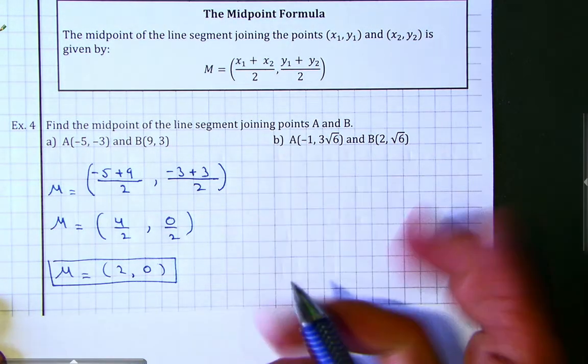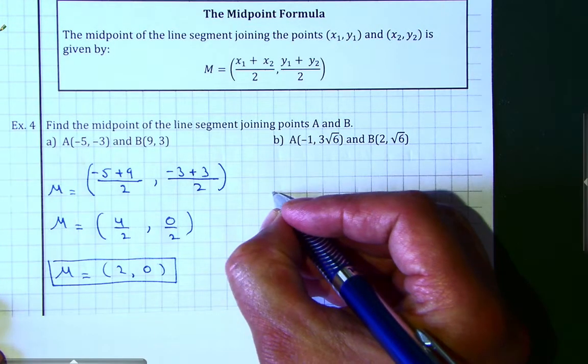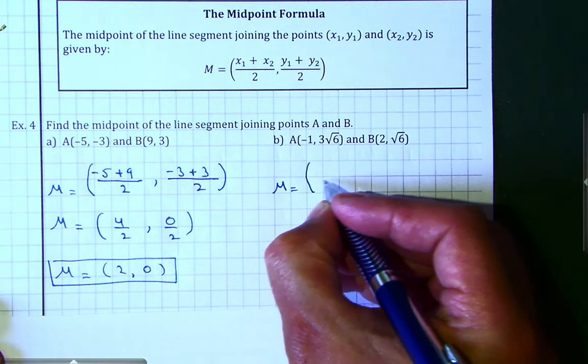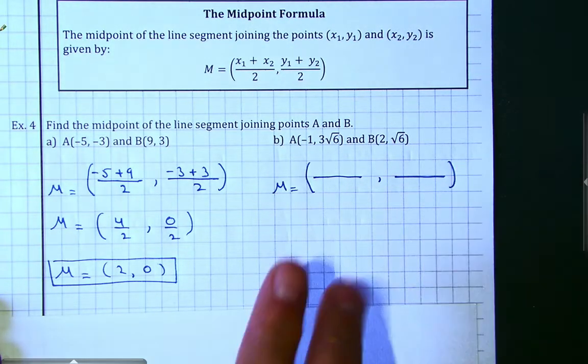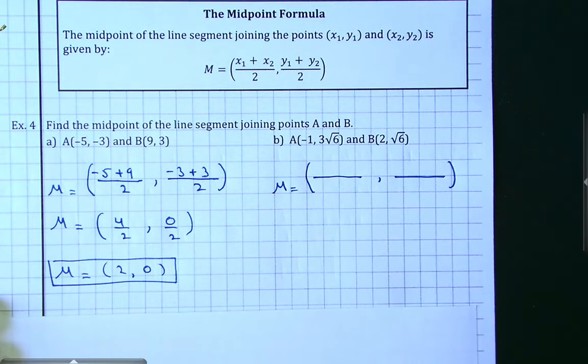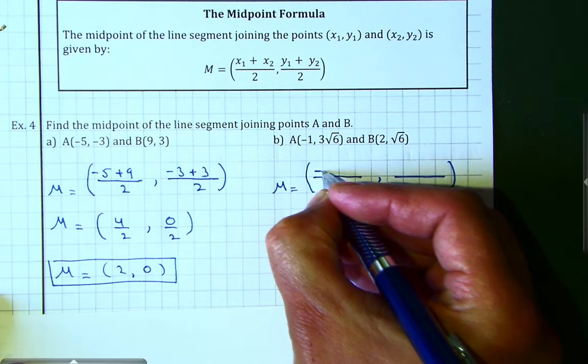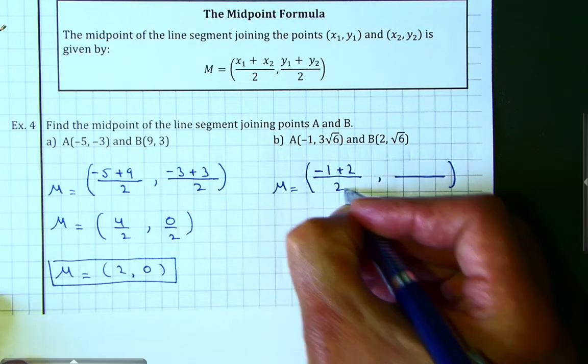Letter B, I'm going to find the midpoint. I'm going to take the average of your x's and the average of your y's. Go ahead and pause it, see what you get, and we'll compare our answers. So in this case, the average of your x's will be negative 1 plus 2 divided by 2.